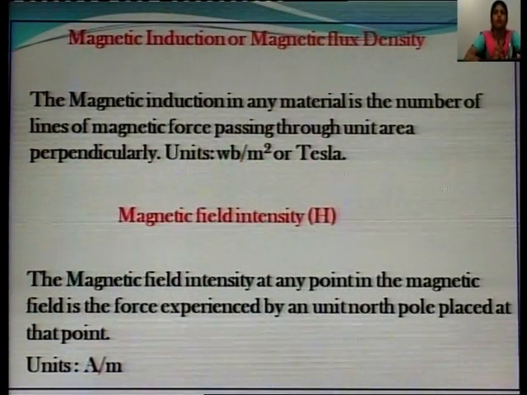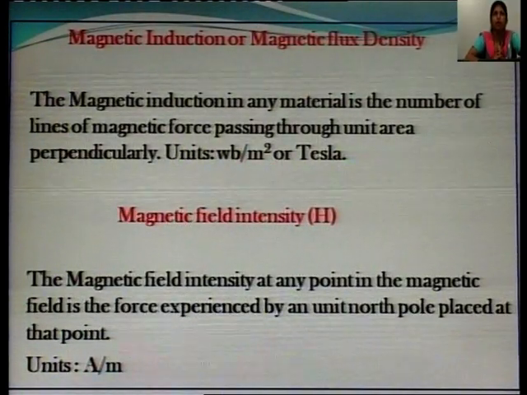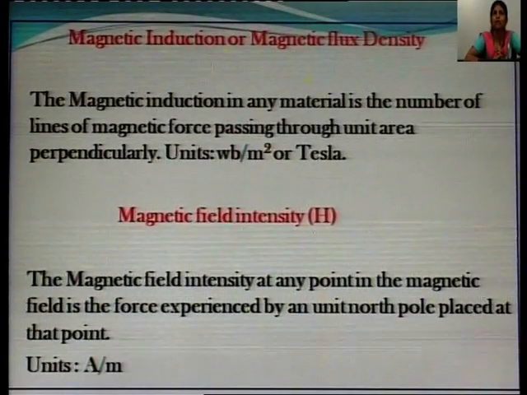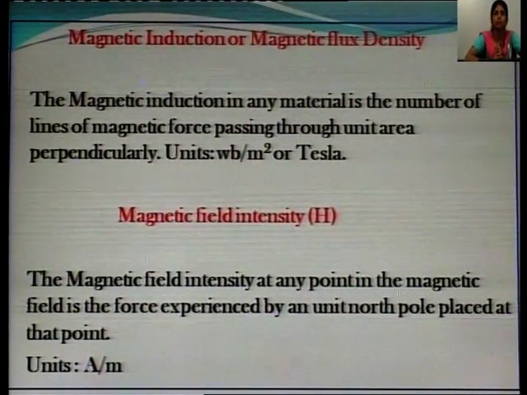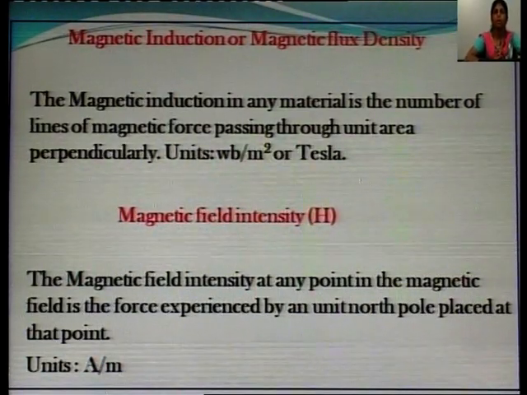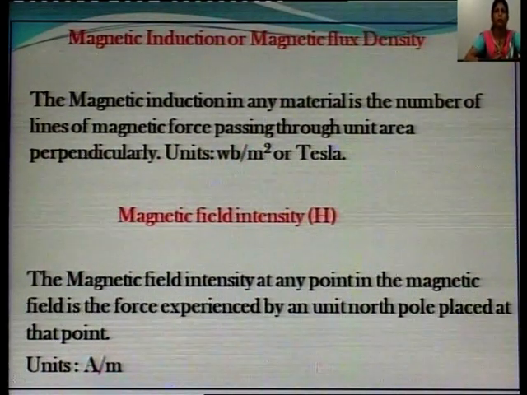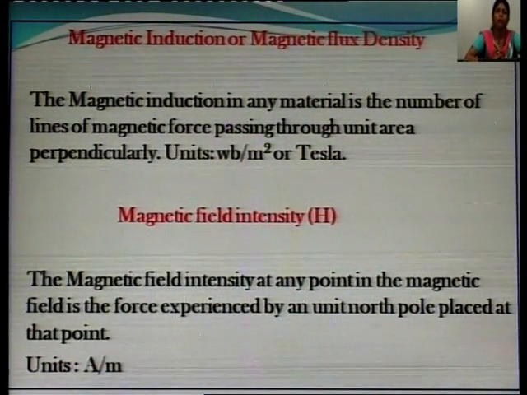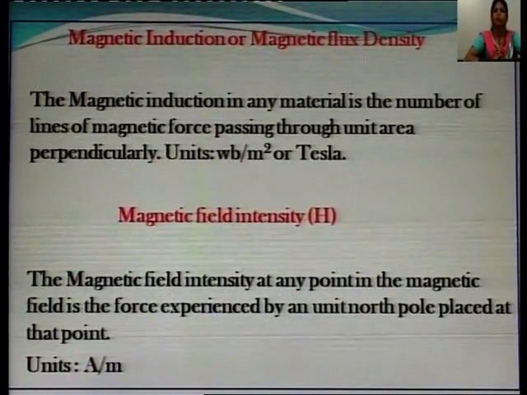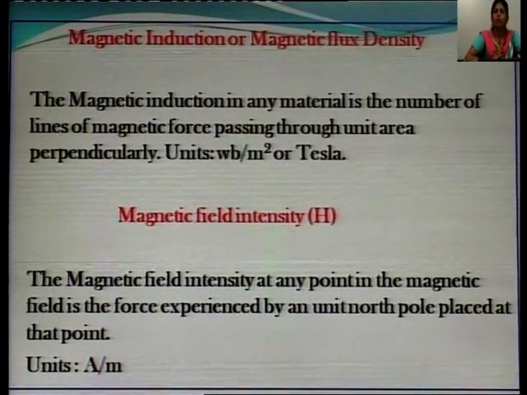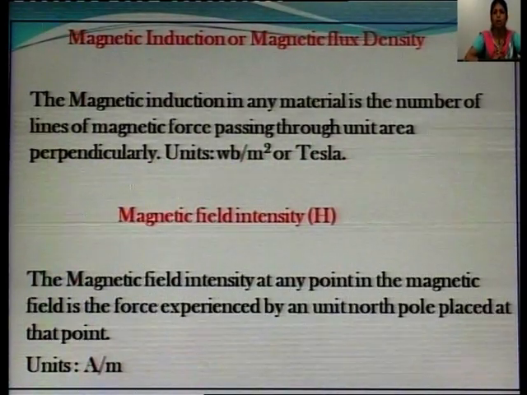Now first is, what is magnetic induction or magnetic flux density? Magnetic flux density is B. The magnetic induction in any material is the number of lines of magnetic force passing through per unit area perpendicularly, and the unit of magnetic flux density B is Weber per meter square, or it can be Tesla.